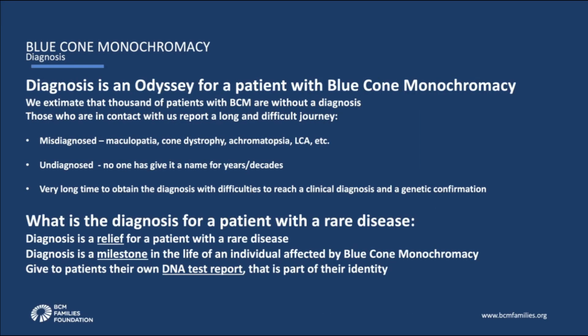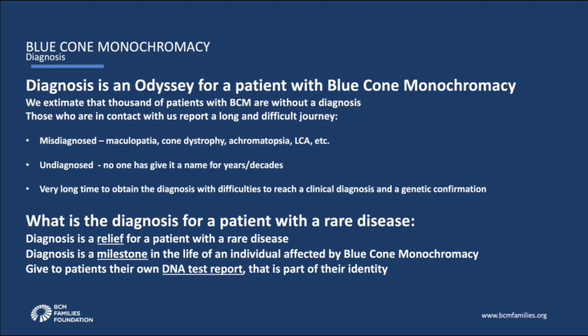So there were 110 years between the first people who appeared in my family and the diagnosis. And what is the diagnosis for a person with blue cone monochromacy? What we know from our community is that the diagnosis is an odyssey for a patient with BCM. And we estimate that 1,000 patients are without a diagnosis.